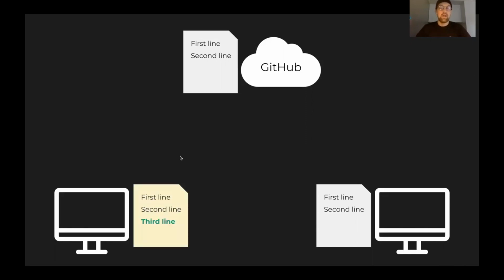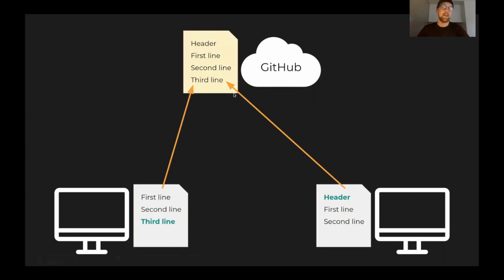So let's say the first computer makes a change, adds a third line. And let's say the other user makes a change and adds a header. So they both push their changes to GitHub, updating the end result file.